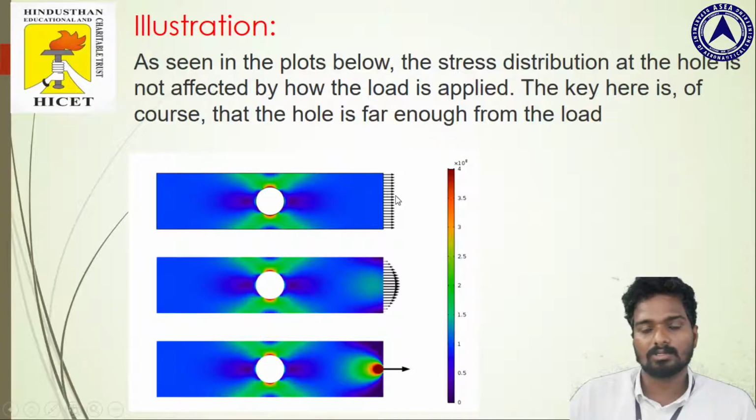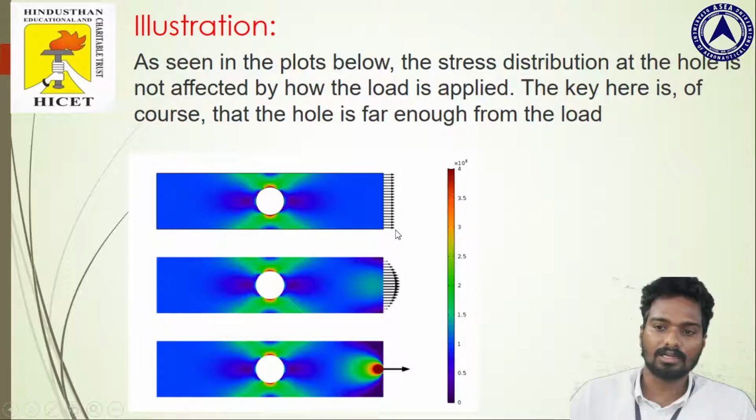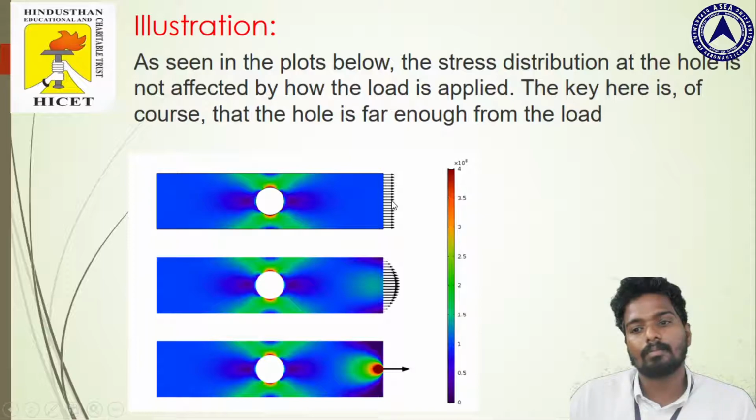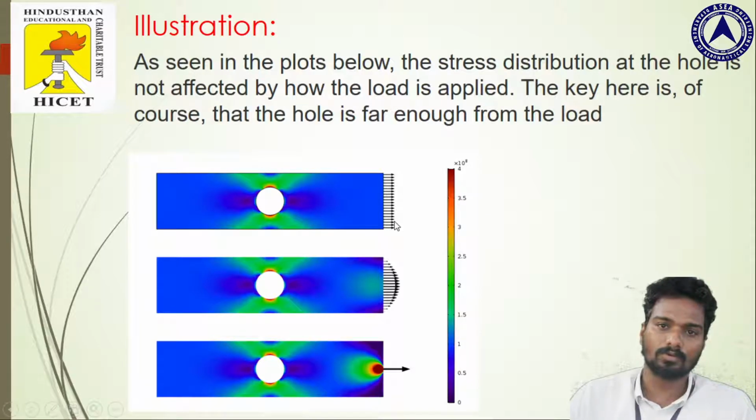The first one is a uniformly distributed load, the second one is a parabolically distributed load, and the third one is a concentrated load or a point load. The thing to be noted is that the magnitude of these three different forces must be the same.